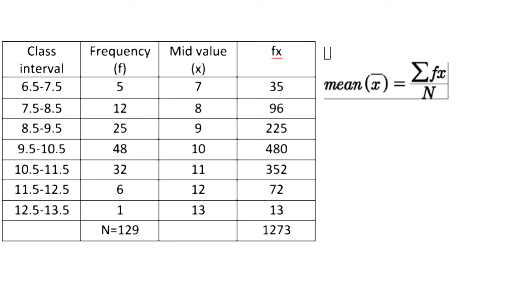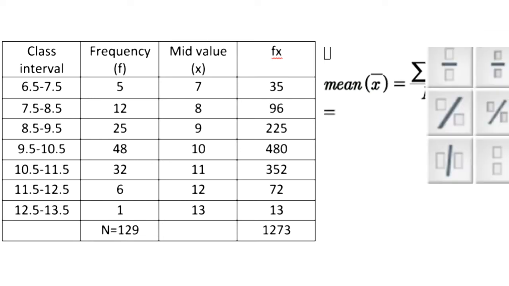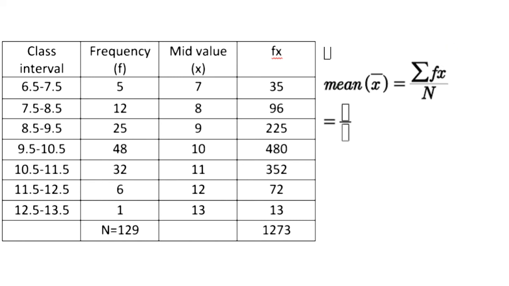We have already found that summation of fx equal to 1273, n equal to 129, and the formula for the mean value equal to summation of fx divided by n. Now we will substitute the values.